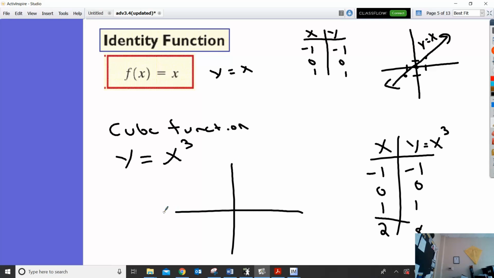If you only plot the first initial 3 points, you might think you've got something that looks like a cube root. That's the whole reason I talked about it.